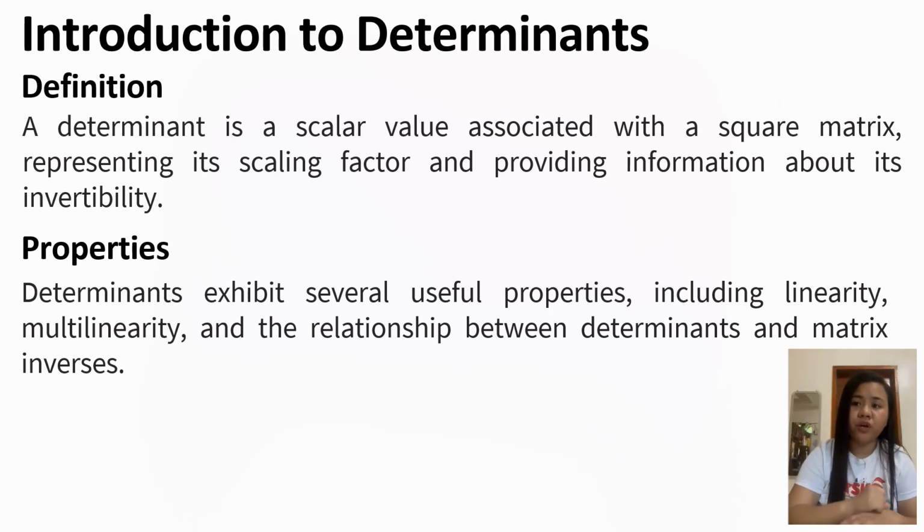This method works with a formula, and the formula is here, where a_ij is the element of the matrix positioned at i, j, and A_ij is the submatrix obtained by removing the ith row and the jth column from the matrix. The computational complexity is that this method has exponential time complexity, making it impractical for large matrices. So it is generally used for small matrices.